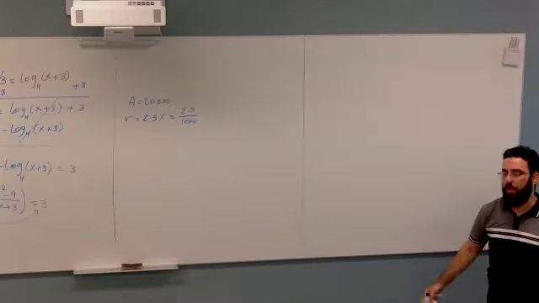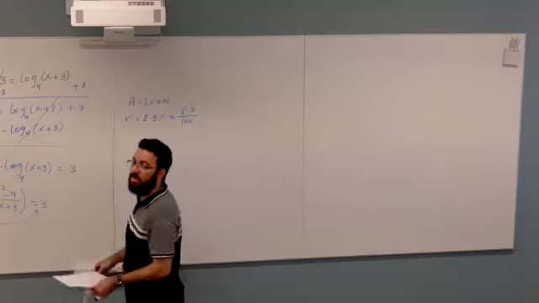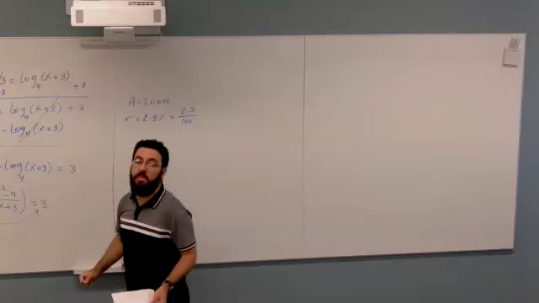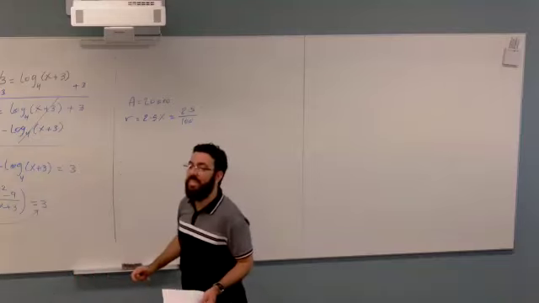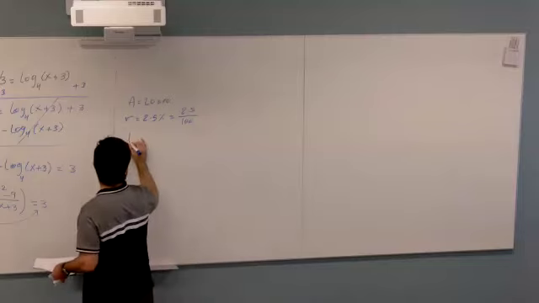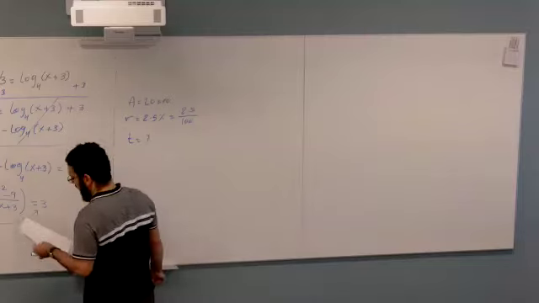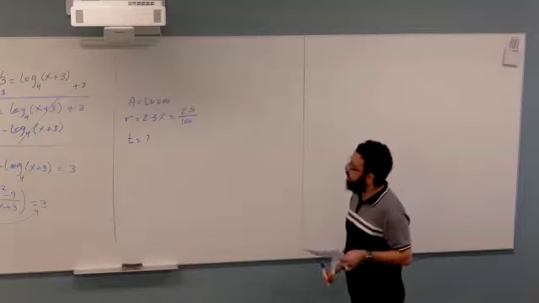Determine how long it will take. How long? What does that mean? How much time. So the time, that's what we need to find. Determine how long it will take the money to grow to 45,000.